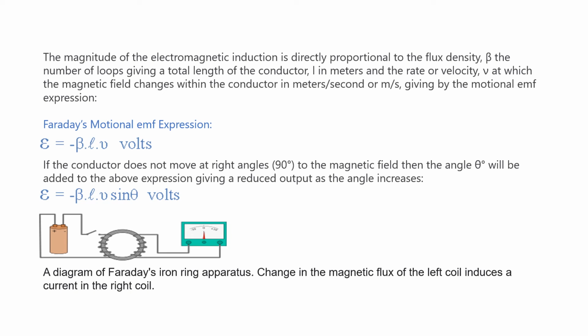As you can see in the diagram, Faraday's iron ring apparatus shows the changes in the magnetic field or magnetic flux of the left coil. It induces a current in the right coil. The battery is connected to the left coil and the right side is connected to the measurement unit.